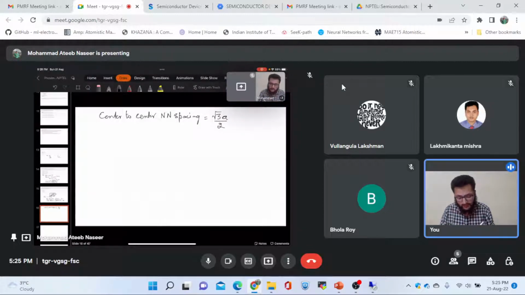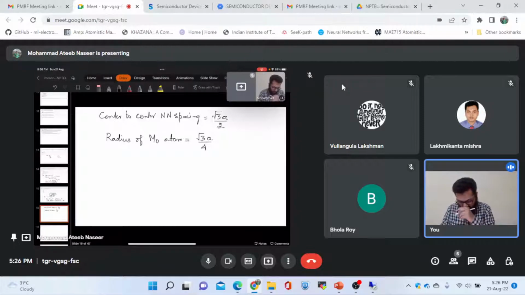We have been given that the radius of the Mo atom is half of this. So the radius of the Mo atom is half of this, so this will simply become root 3 a by 4.